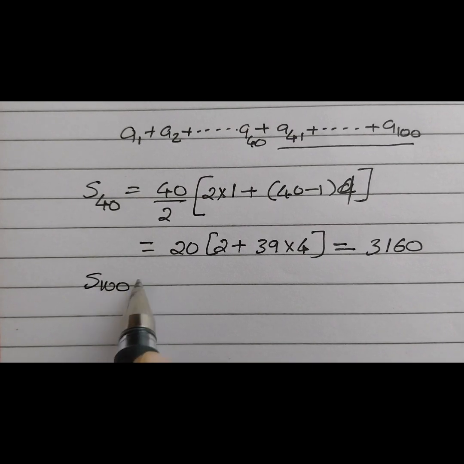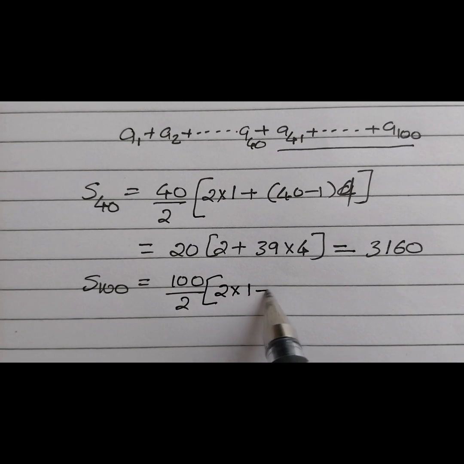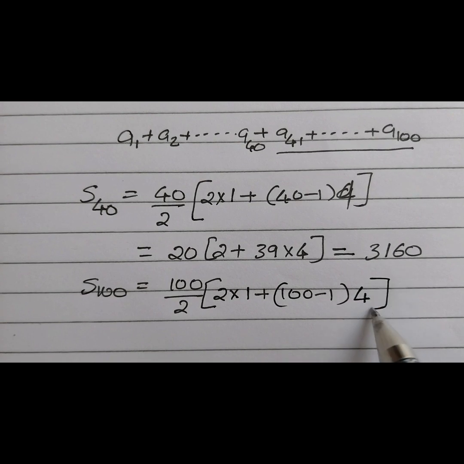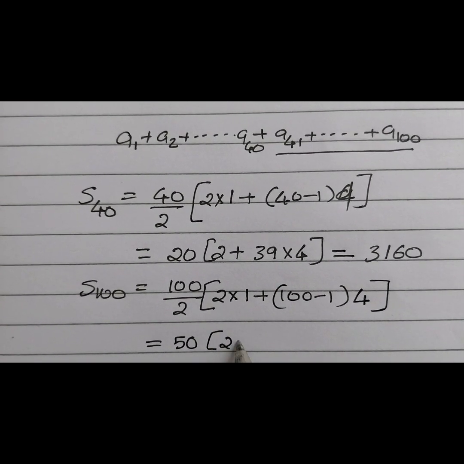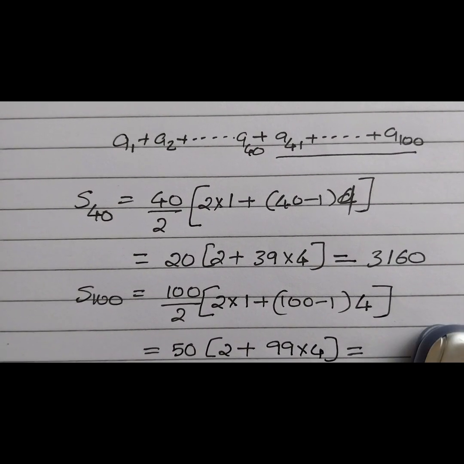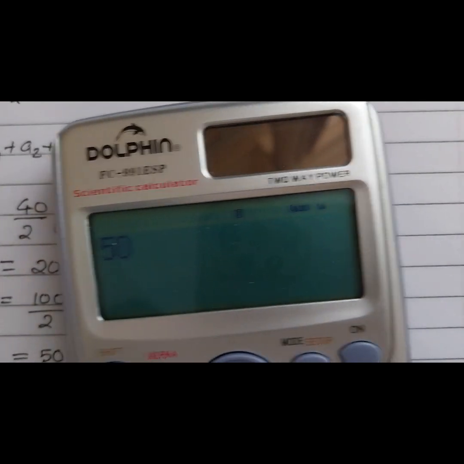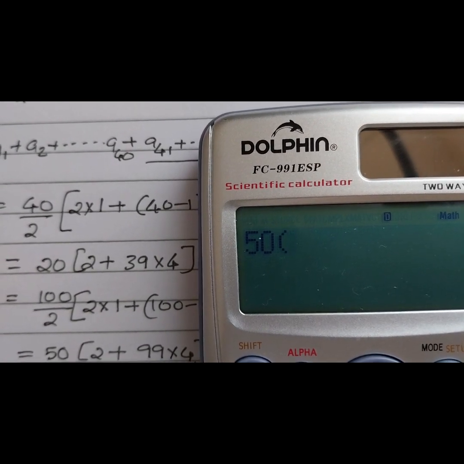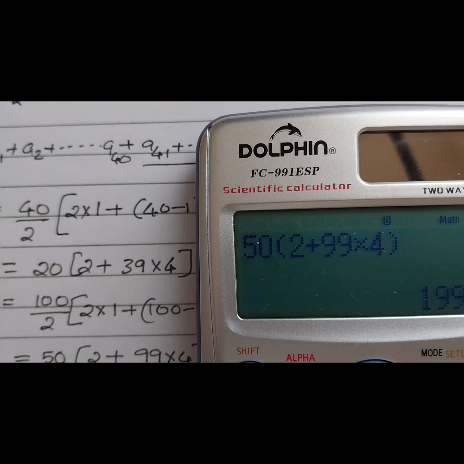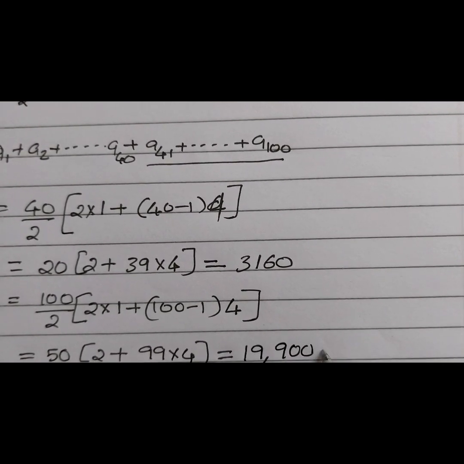So S100 equals 100 divided by 2 times 2a, 2 times 1 plus n is 100, so 100 minus 1 times common difference is 4, so that is 50 times 2 plus 99 times 4, that is equals 50 times 2 plus 99 times 4 equals 19,900.